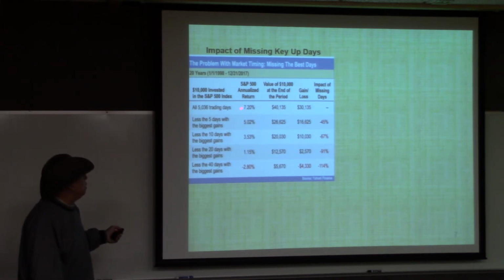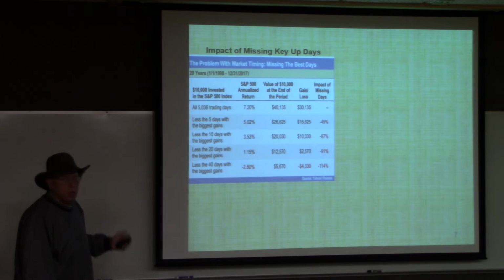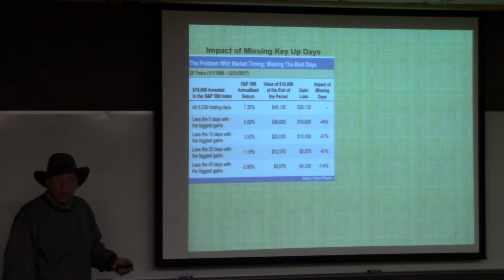If you had kept it in the whole time, you would have earned $40,000. So if you had invested $100,000, it would have turned into $266,000 if you had missed those 5 days out of 5,000 days, or it would have turned into $401,000. Now you tell me how important it is.